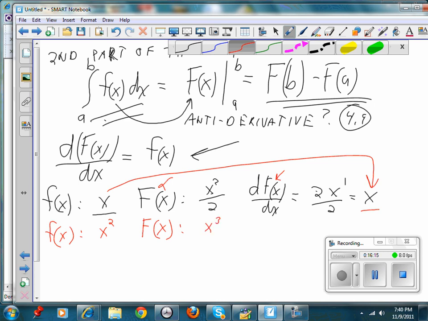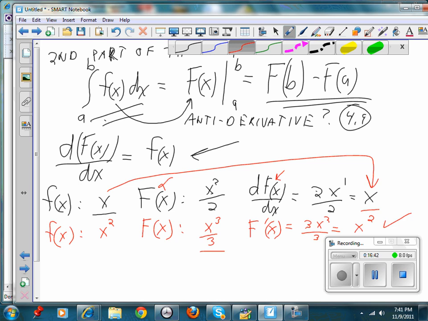Okay, so maybe it's x cubed, but when I take a derivative of x cubed, I put a 3 down in front. Oh, I've got to cancel that out, so I've got to put a 3 underneath here. Does it work? Well, here, I'll just write the notation. What's the derivative of the antiderivative? It's 3x squared over 3, which is equal to x squared. Check. It seems to work. This must be the antiderivative.